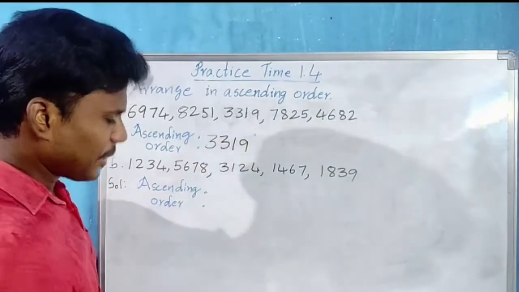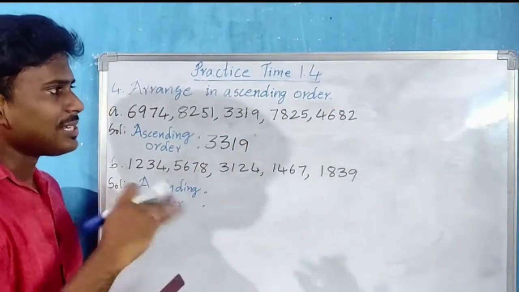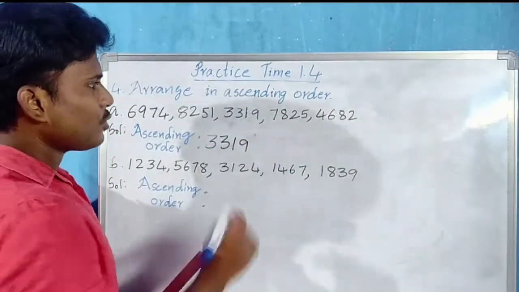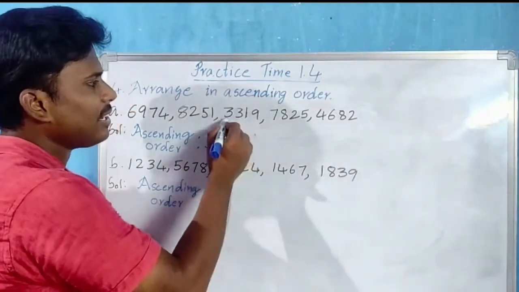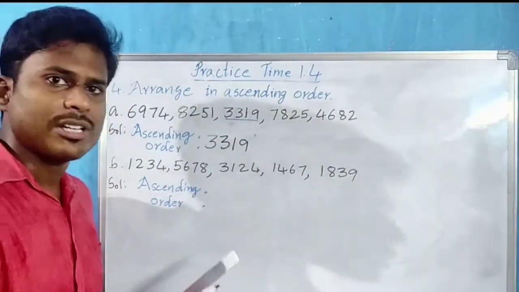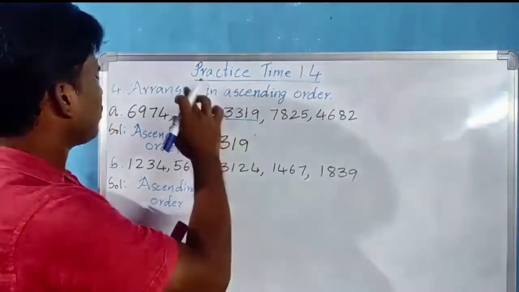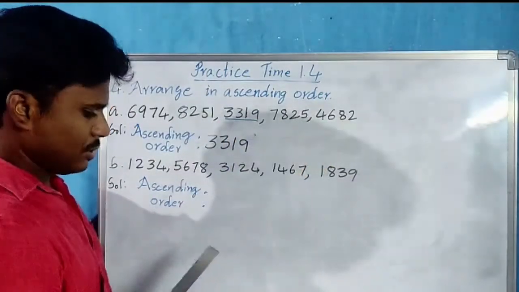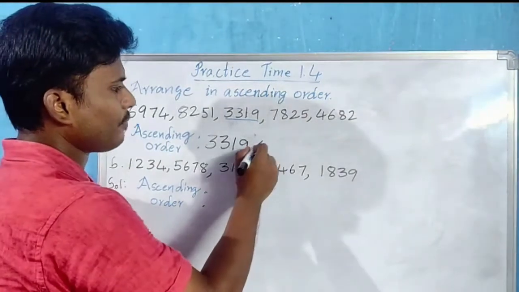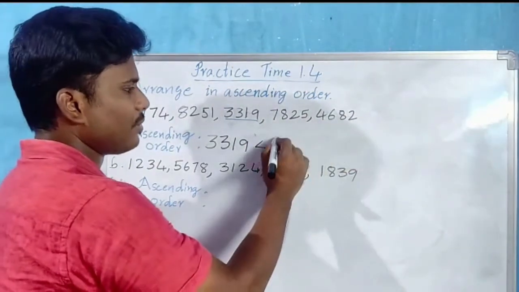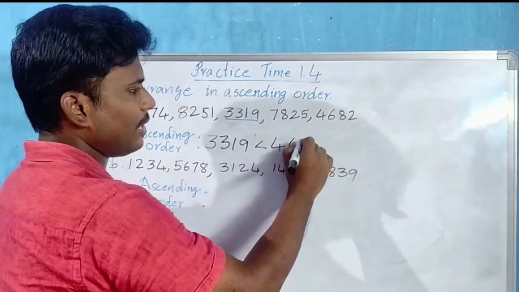3319 is the smallest number. So this number is less than which number next? As we completed, let us underline this so that we do not get confused. So next, the digit 4. So it is less than this number, 4682.